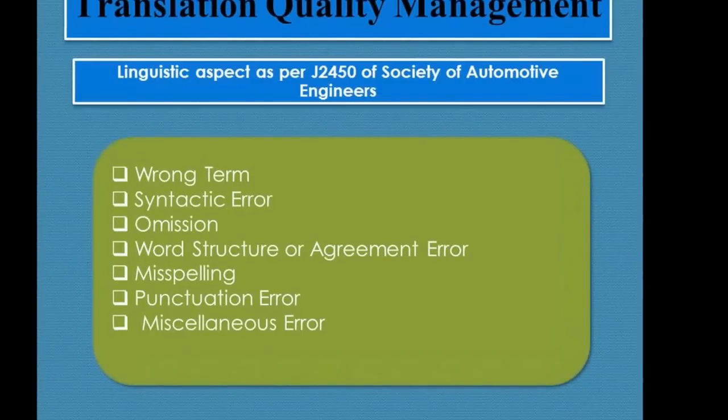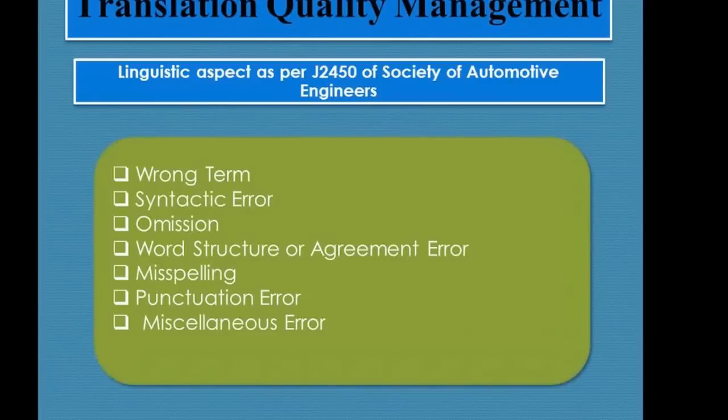I have cited J2450, Society of Automotive Engineers, linguistic aspects, which is very important. If you put them on a scale of 1 to 10, you will understand that wrong terms are never accepted in translation. Similarly, syntactic errors are never accepted in translation. Critical omissions are not accepted in translation.